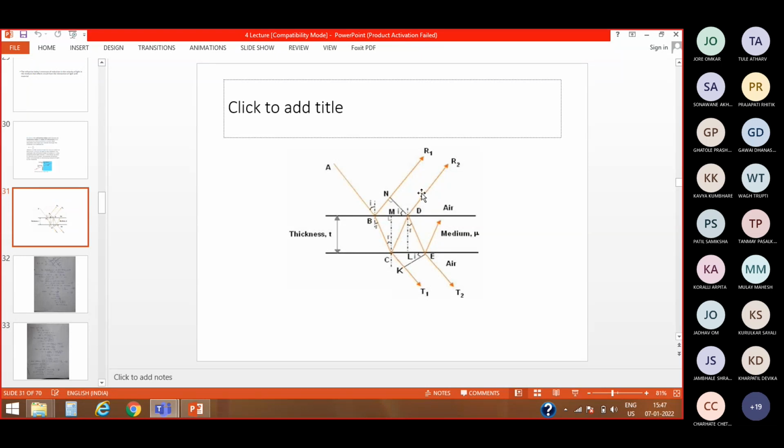So we get two rays, R1 and R2, coming from the thin film. The light incident on the thin film is a single one, but we get two rays from the thin film. When these two rays interfere with each other, interference happens, and we get different colors of light.